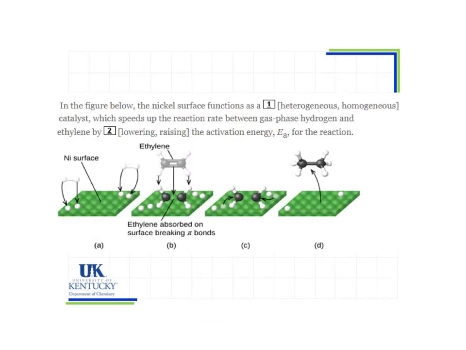Your next thing to consider is this one. Again, this is an old exam question. And I want you to just look through that and circle which one of those words at box 1 and box 2 give you the correct answer. So it is a heterogeneous because what we have is a nickel solid surface here with gases coming in and attaching to it. That is an example of a heterogeneous catalyst.